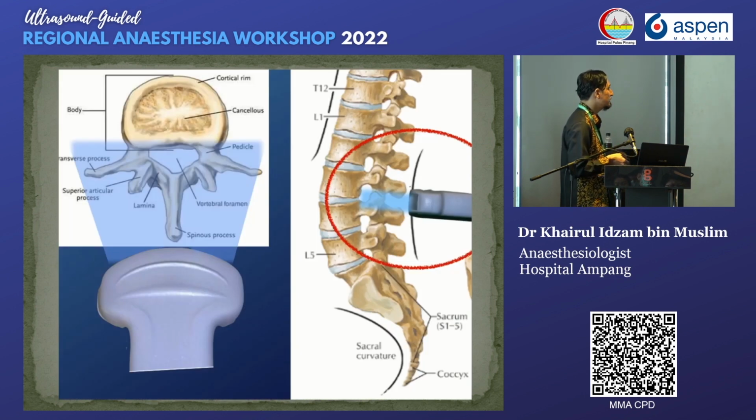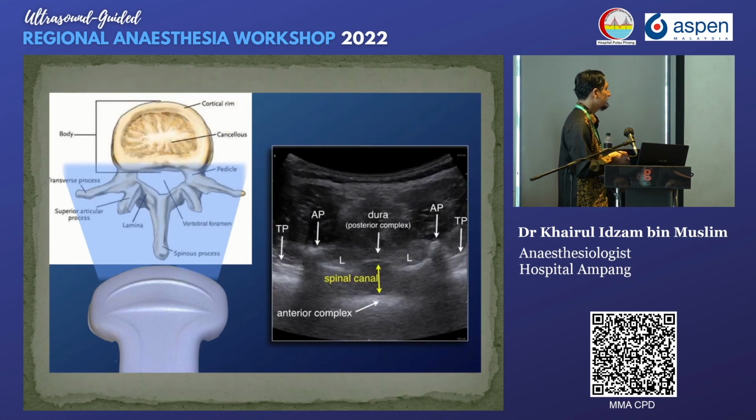This is the level that we are going to identify. This is another view, in which it is clearer that we can identify the posterior complex and anterior complex. And of course, between the posterior complex and anterior complex is the spinal canal.